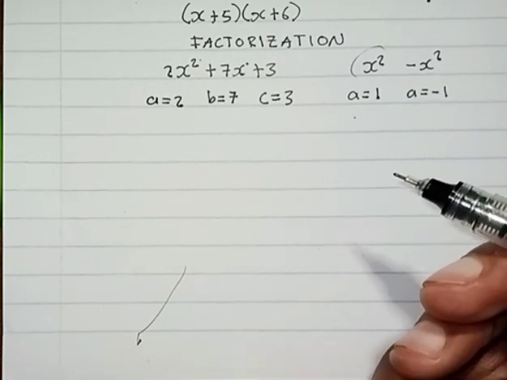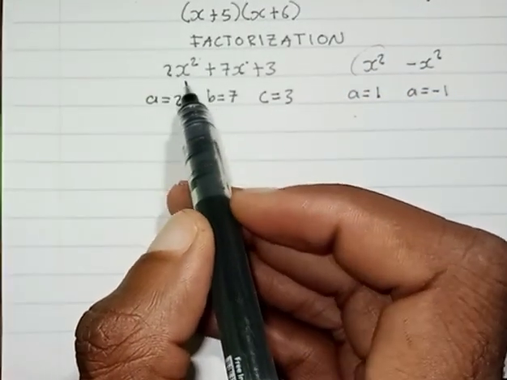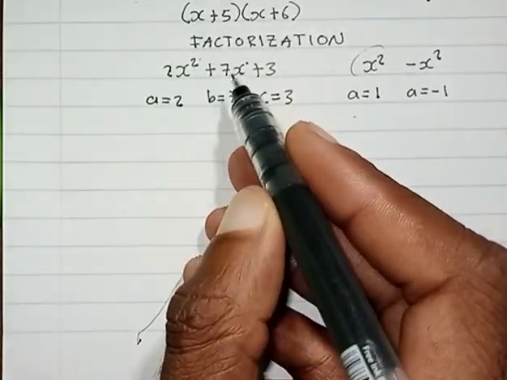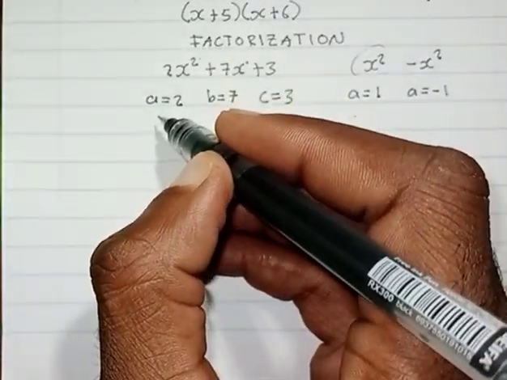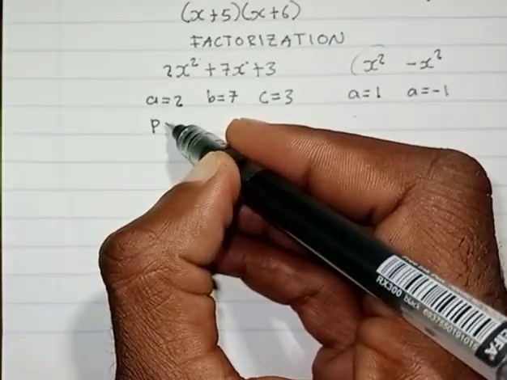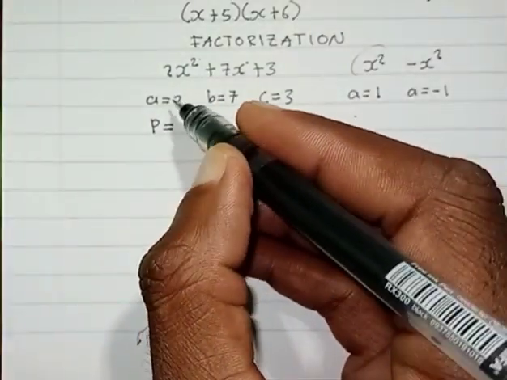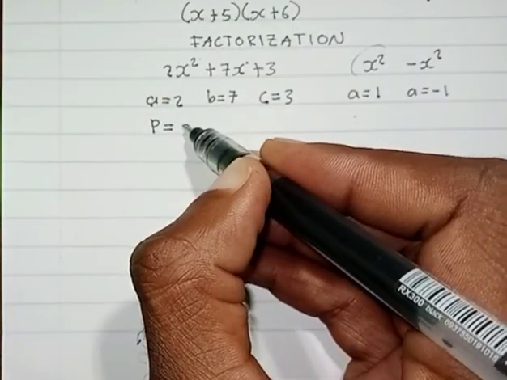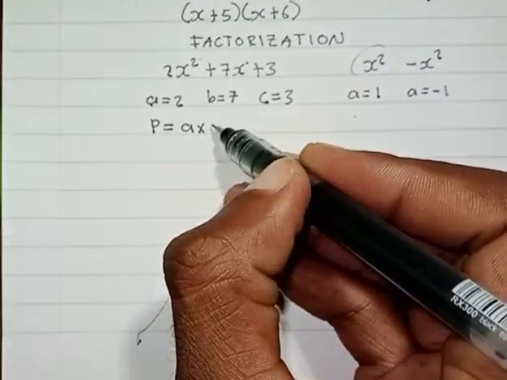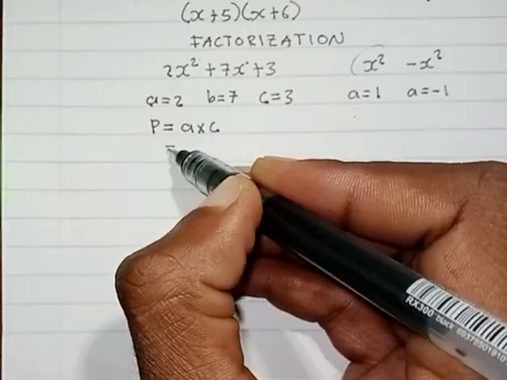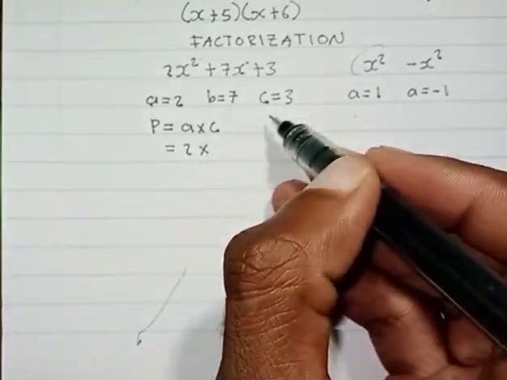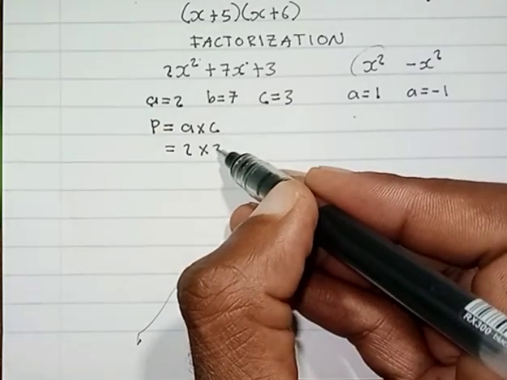So to solve this by factorization, we have to find what we call the product. The product is given by taking this a and multiplying it by c. So we say product is equal to a times c. Our a is 2 times our c is positive 3.